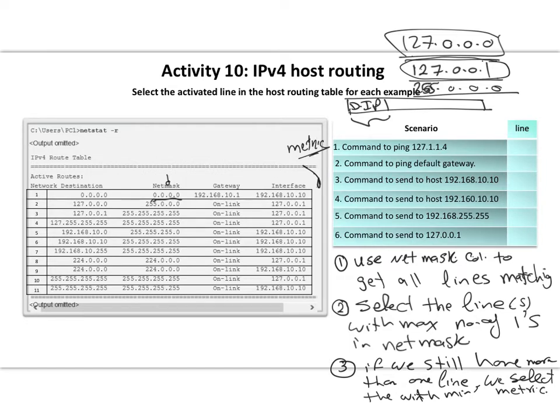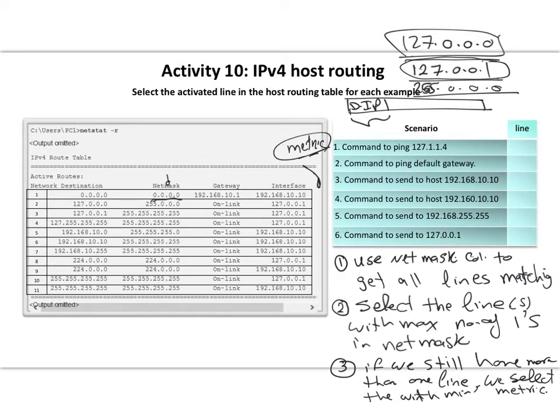and we said that the metric indicates the cost I have to pay in order to go through that route, and it indicates roughly the distance between me and the final destination. If I want to go to QU, I need to go through QU, maybe potentially using multiple routes. So which one will have the shortest distance or the fastest route to QU?